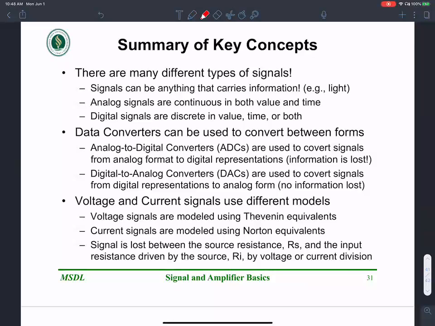Analog signals are continuous, both in time and value. Digital signals are discrete. Then there are data converters, which are used to convert from analog to digital and digital to analog domain. And then of course there are voltage and current signals. We use different models: voltage signals are modeled using Thevenin equivalents, and current signals are modeled using Norton equivalents.